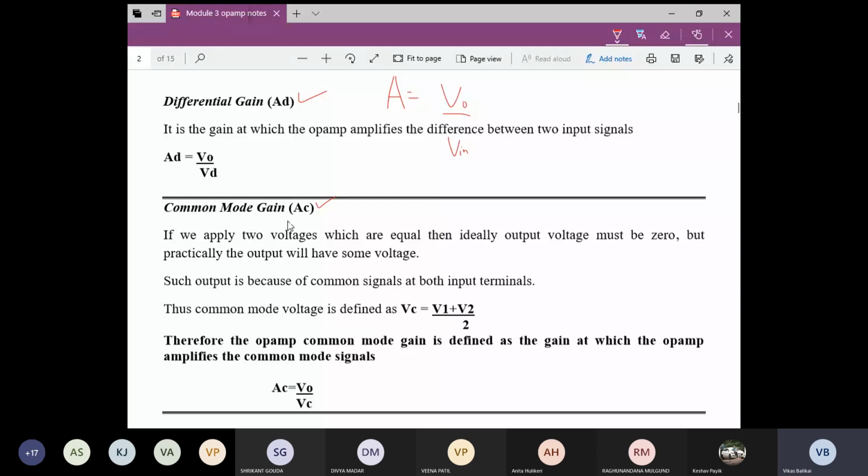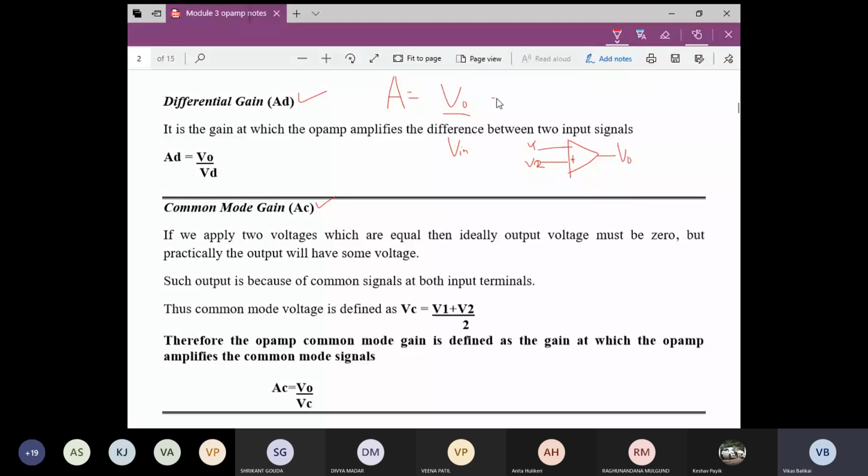For example, because I know that the op-amp has two inputs, one is the inverting terminal and the other is the non-inverting terminal, and let's say this is V1 and this is V2. The output of the op-amp is nothing but the difference between the inputs, and whatever difference comes is taken forward for amplification. So if I want to express the differential gain, it is the output voltage divided by the difference between the input voltages.